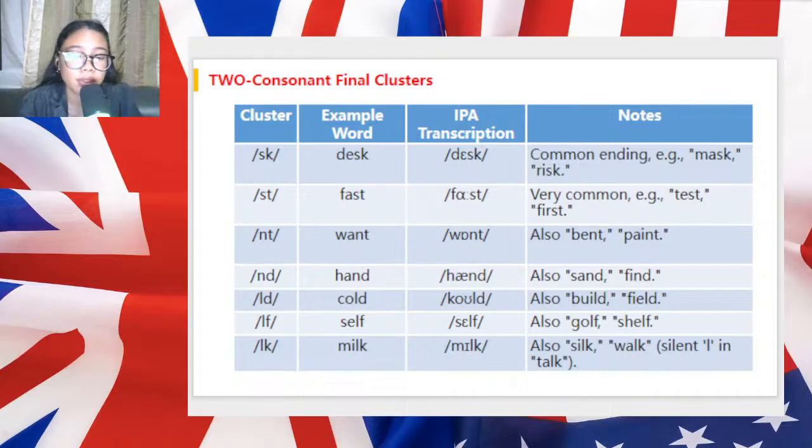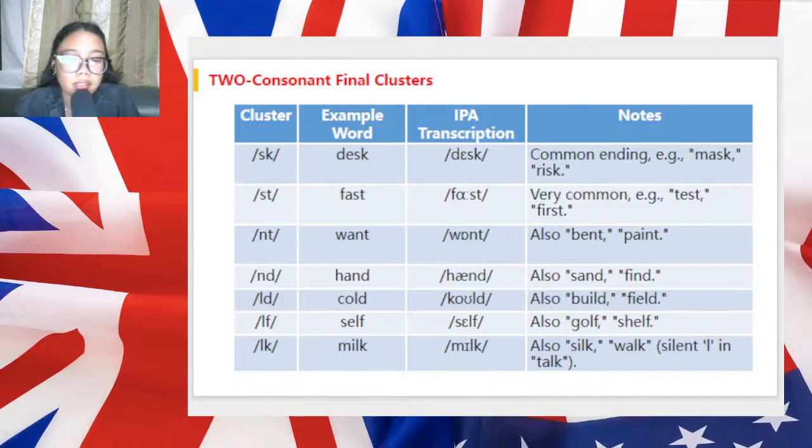This is a very frequent cluster. It is also present in bent and paint. So try to say all these words with me, focusing on that clear NT ending. Let's start with want.